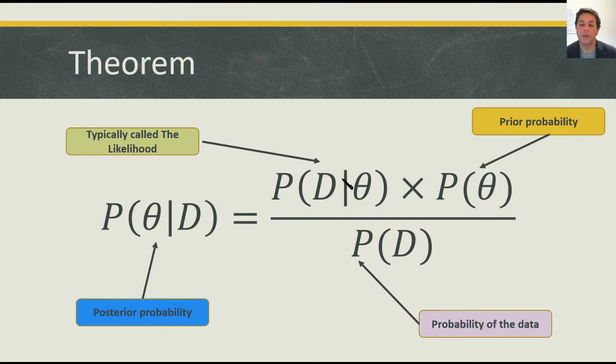So we do this calculation for theta 1, then for theta 2, then for theta 3, and then we add all these values, and this is the probability of the data. So this is the probability of the data given one of the possible values. This is the probability of the data given any possible value, not just one.